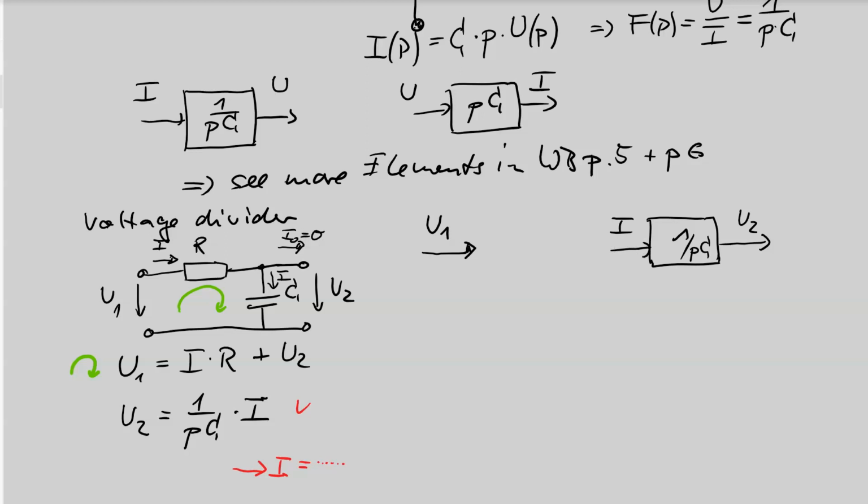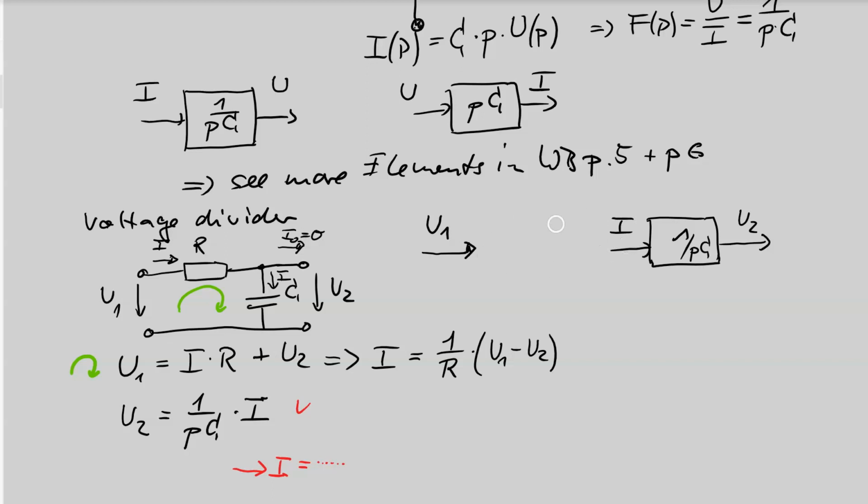If I draw the signal block diagram in such a way that I is an output, then I can connect this output I to this input I. So I solve this equation with respect to I. This gives I is 1 divided by R multiplied with U1 minus U2.